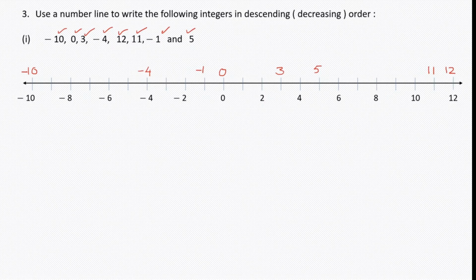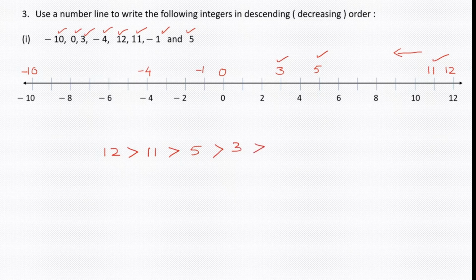Now I need to write in descending order. So this time I'm going to move from right to left, because we're writing in descending order. 12 is the greatest number. So 12 is greater than 11, which is greater than 5, which is greater than 3.